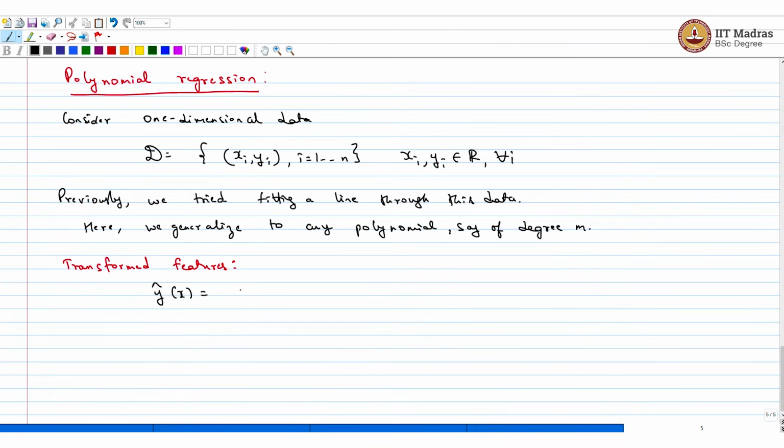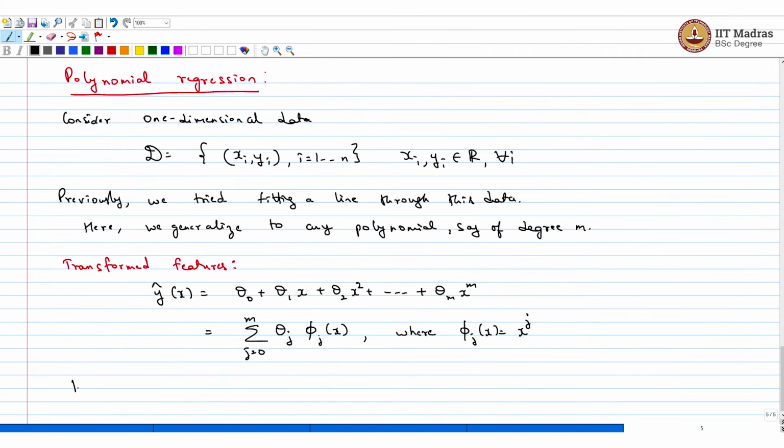So given any x, theta 0 plus theta 1 x plus and so on, this I can write as summation j equals 0 to m theta j times x power j.